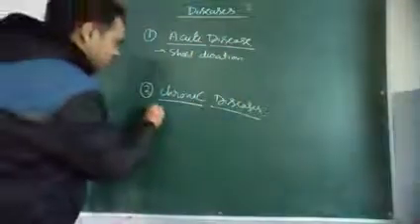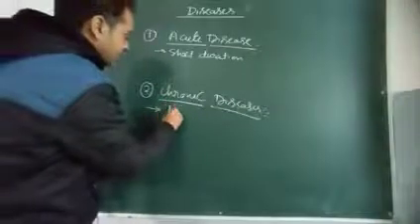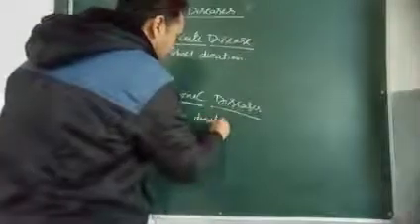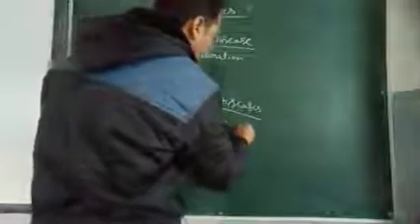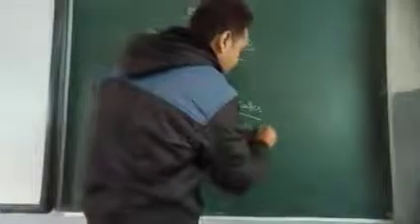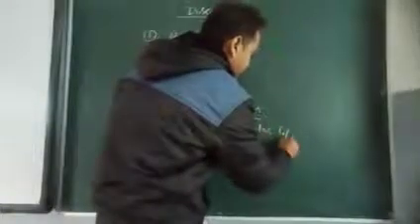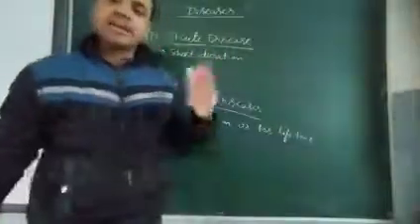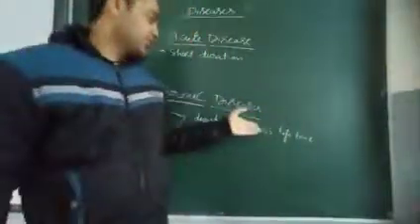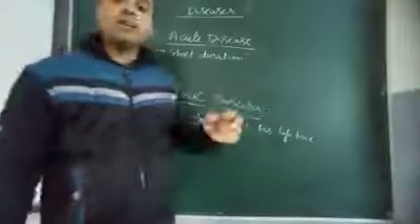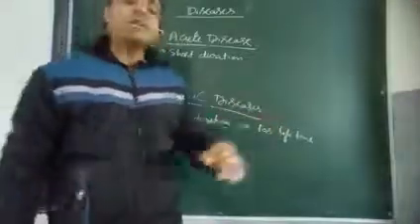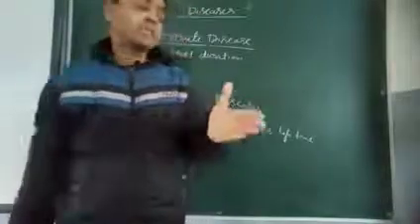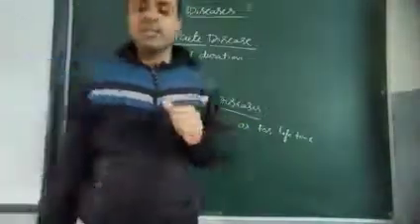On the other hand, if the disease stays for a very long duration, a long span of time, or for a lifetime, meaning it can be for a long time or for a lifetime also, these diseases are called chronic diseases.